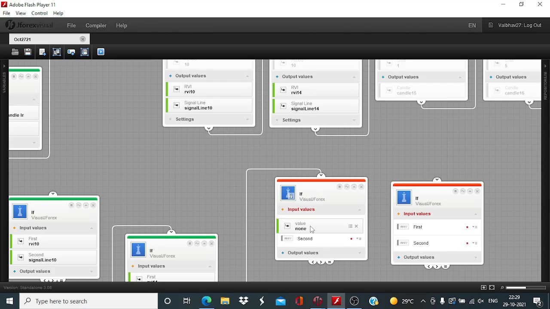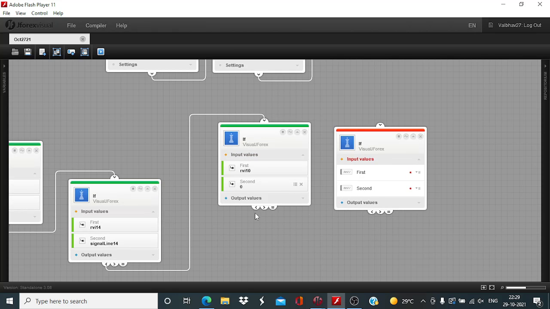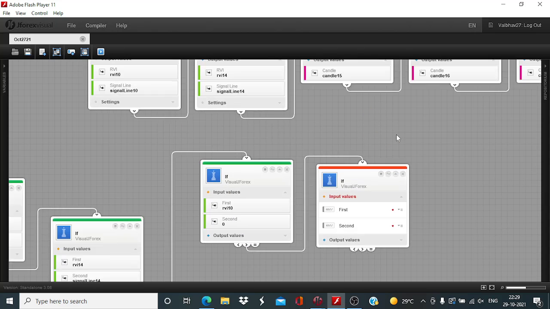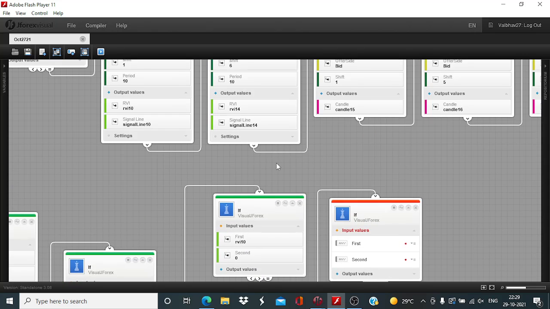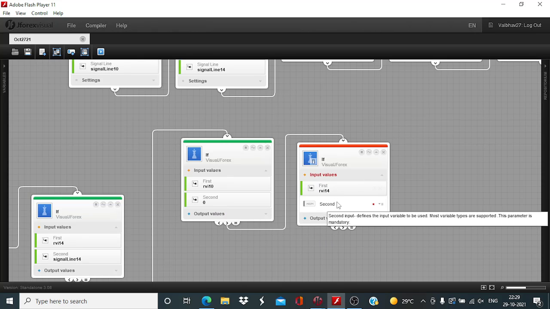The last hour's RVI output will need to be greater than 0. So first input greater than second input, whereas the output value of 6 hours back needs to have been below 0.